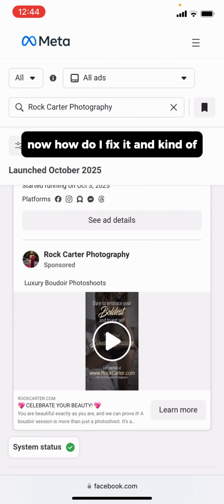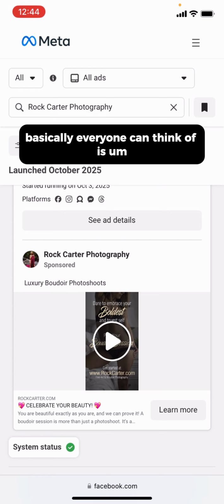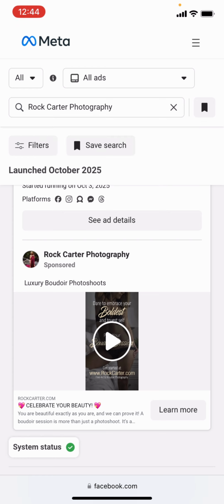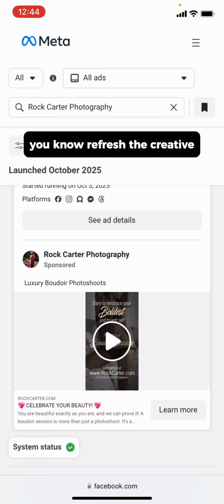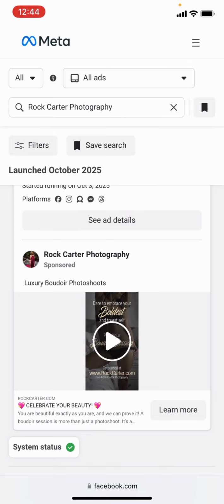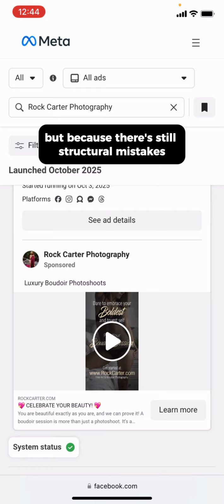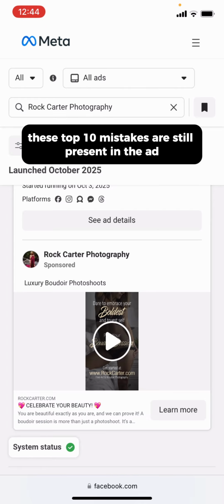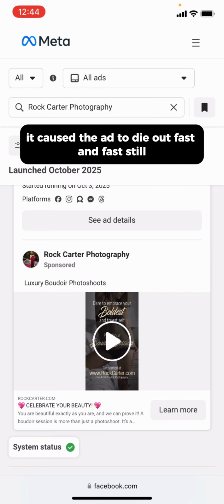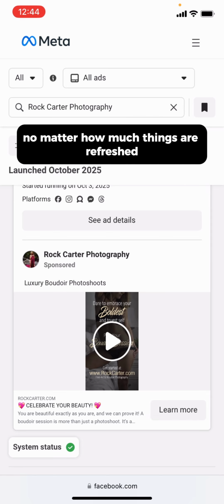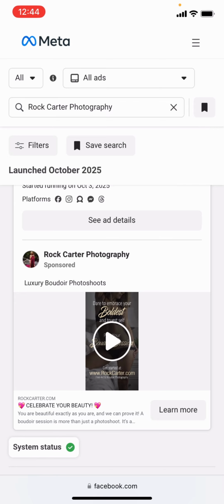Uh-oh, now how do I fix it? And really the only thing basically everyone can think of is just restarting it with a new picture, refreshing the creative, which works again for a little bit. But because there are still structural mistakes, these top 10 mistakes are still present in the ad, it causes the ad to die out faster and faster, no matter how much things are refreshed.